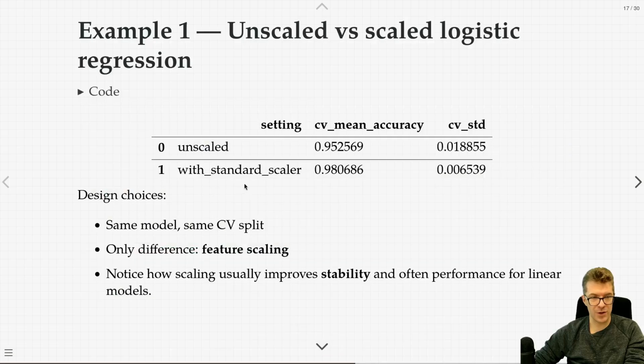And then we're just going to look at the results. This is what we get. Our mean accuracy across the 5 folds in the unscaled version is 95.3-ish percent. With the standard scaler, we get up to 98-ish percent.